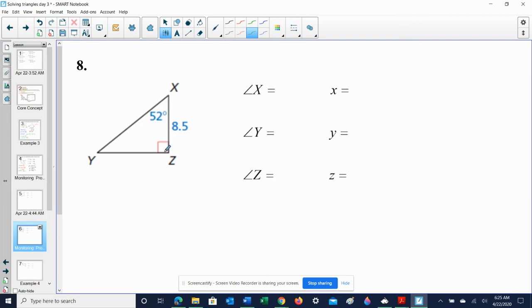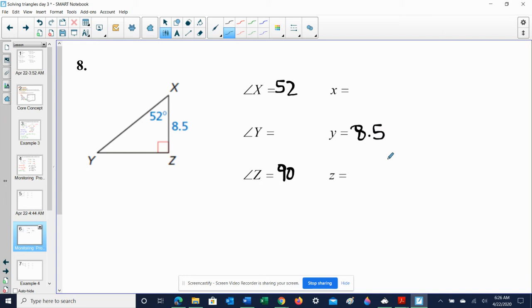Where's our right angle? Angle Z is 90. So let's put that in. 90 is right there. Only this time I know angle X is 52. And I know the length of Y is 8.5.